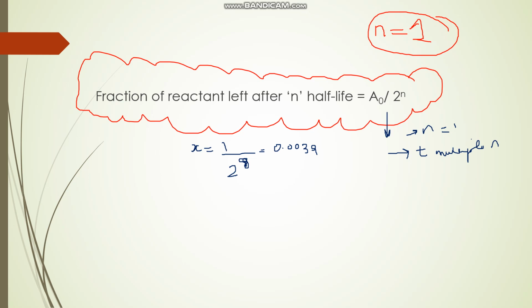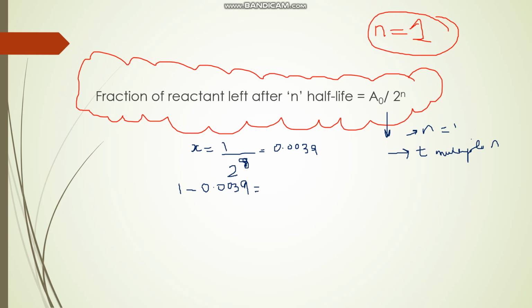So we have to calculate how much amount of reactant has reacted in 8 half-life durations, right? We have assumed here that the initial concentration of reactant is 1. So if we subtract the unreacted amount, the amount which is still left, from this initial concentration, we would get the amount which has reacted. It's simple mathematics, no doubt in this.